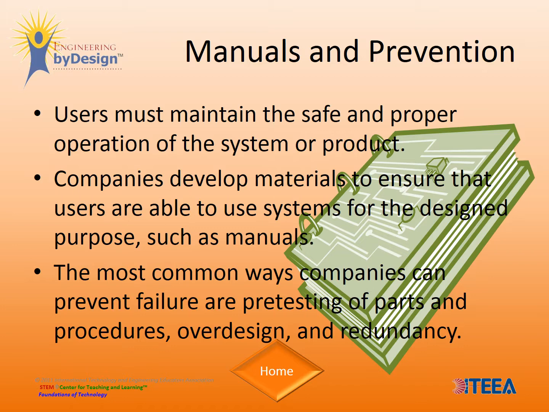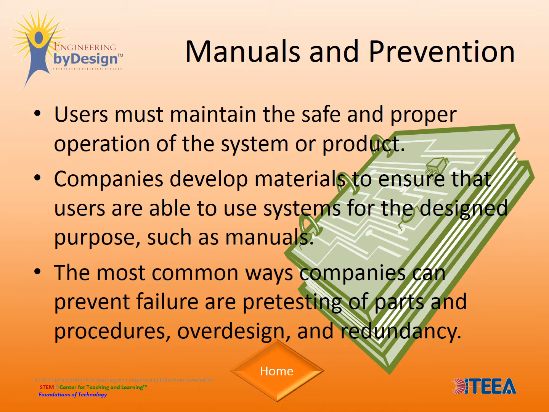Manuals and prevention. Users must maintain the safety and proper operation of the system or product. You do not want it to malfunction because you don't want anybody shocked or killed, depending upon the amount of electricity that's going through the product.